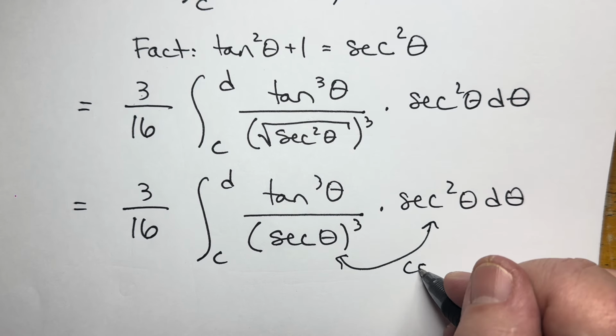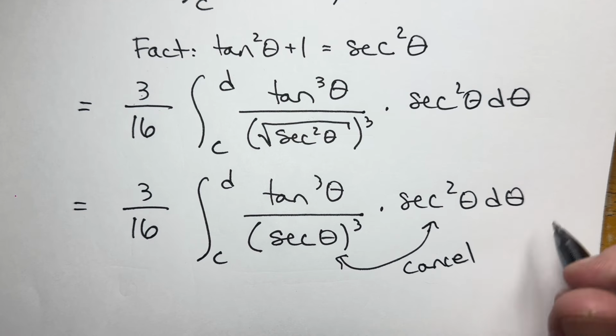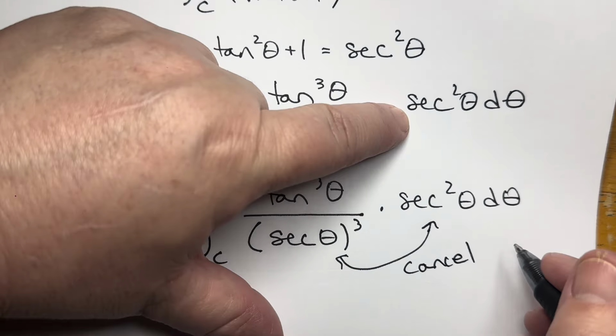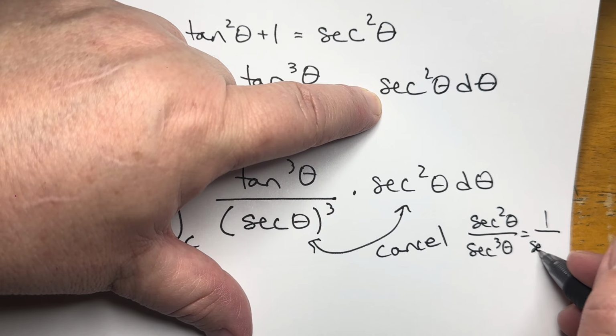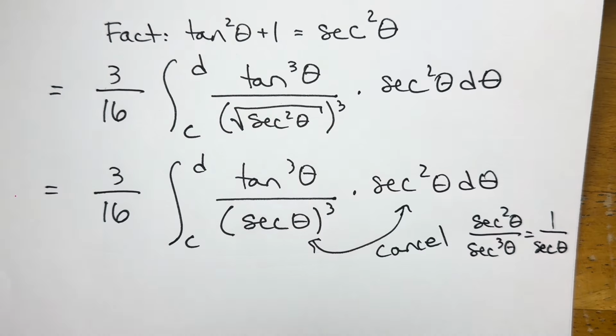Let's cancel. Secant squared over secant cubed is 1 over secant, right? There are 2 on top and 3 on the bottom. Okay, so then I get 3/16 integral from c to d of tangent cubed theta all over secant theta d theta.